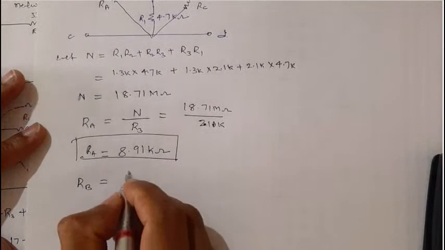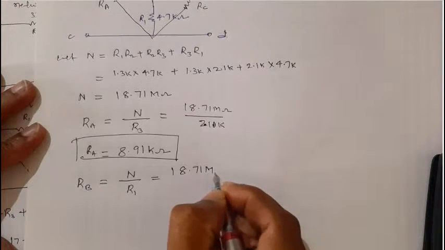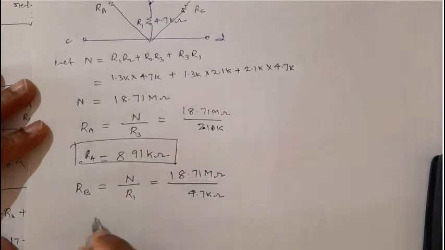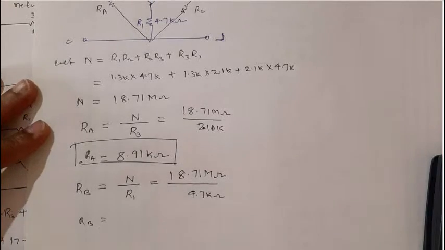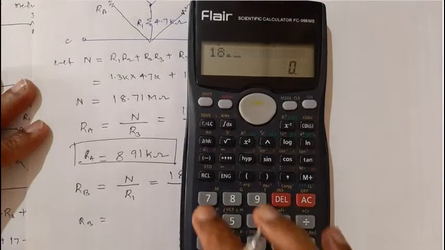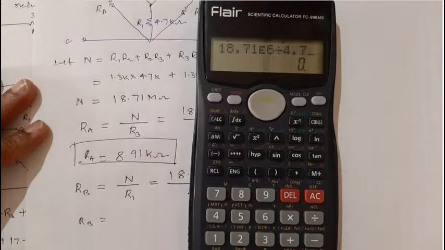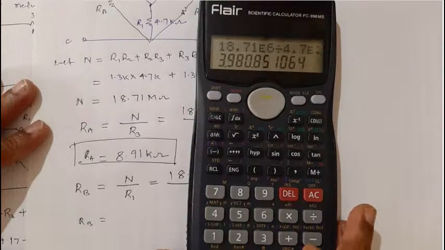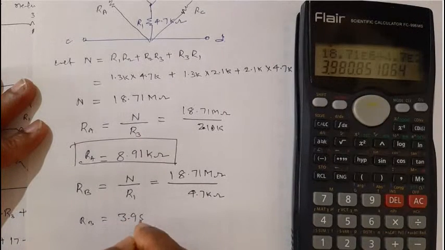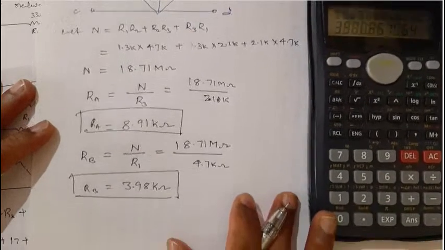That means RB is equal to N by R1, which is 18.71 mega ohm divided by R1, which is 4.7 kilo ohm. 18.71 mega divided by 4.7 kilo is 3.98 kilo ohm, so RB is 3.98 kilo ohm.